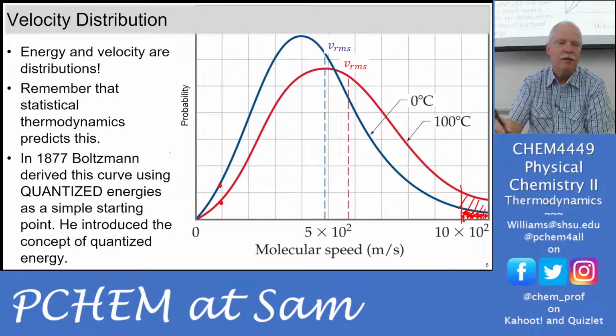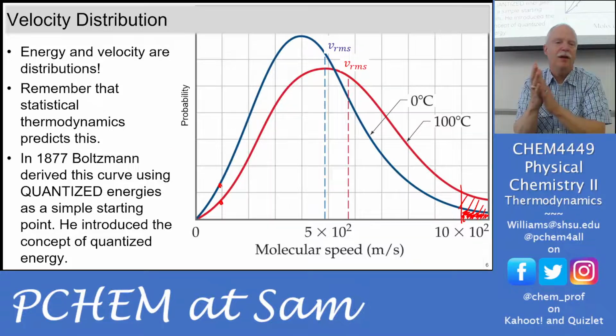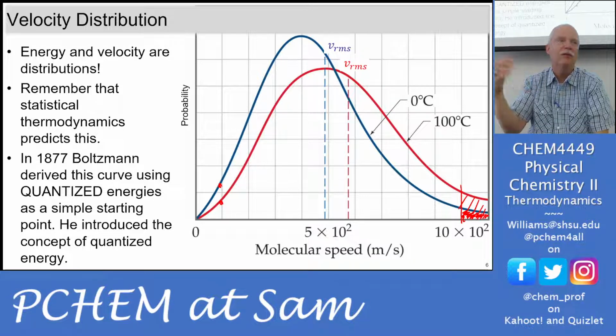Okay. So this is all predicted by statistical thermodynamics, and in 1877 this was the curve that Boltzmann was using or trying to model with his theory. And so he starts out his paper by saying, for the ease of statistics, let's create quantized or numerical velocities, he did it numerically, let's create particular velocities and solve the problem that way.